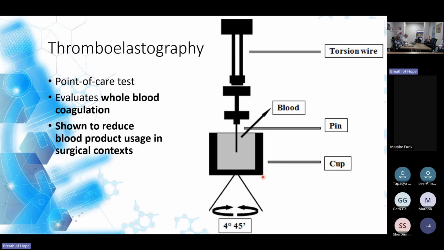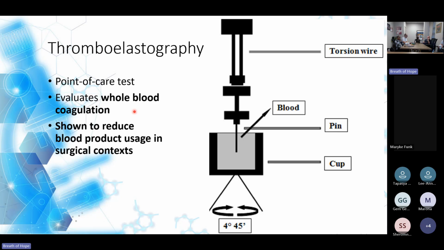I mentioned thromboelastography, so that's the last part of my presentation. It is technically a point of care test, although the way we've implemented it in Pathcare, the instrument is in our laboratory. So it's a sort of point of care test that's within the laboratory service rather than in the wards.